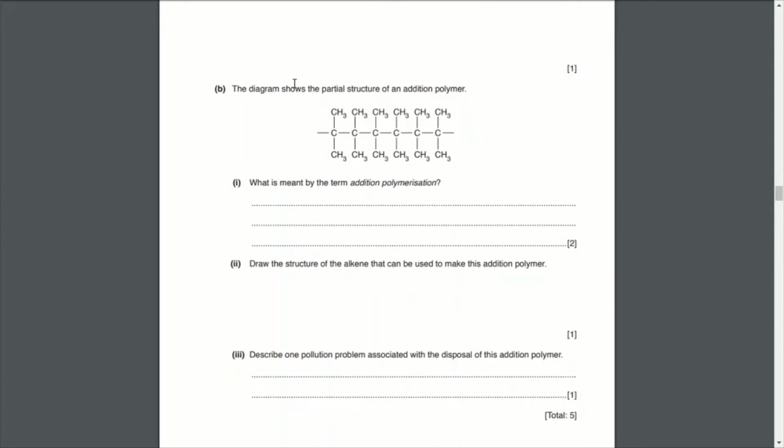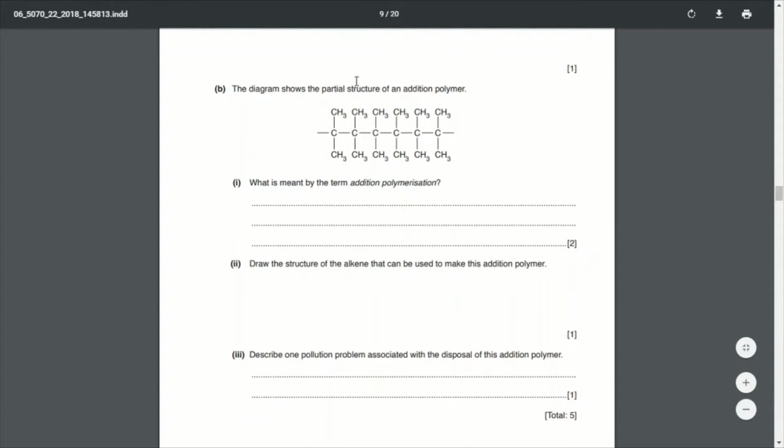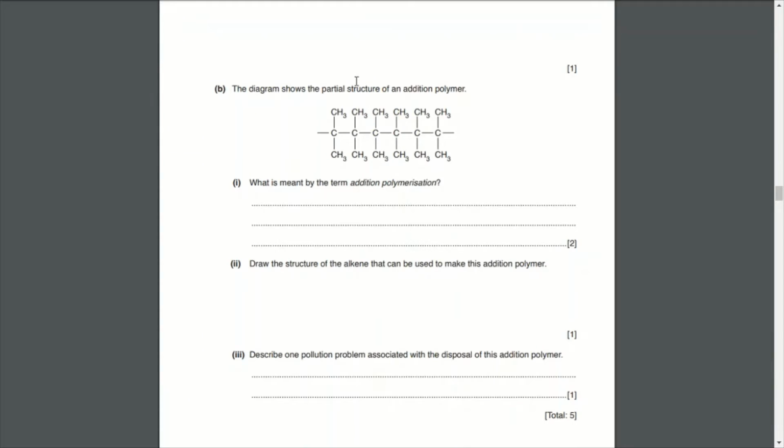Part 2, draw the structure of the alkene that can be used to make this addition polymer. See, there's a trick behind it. It will always work when you're talking about an addition polymer. You have to forget this entire chain and keep only 2 carbons in mind. When you keep these 2 carbons in mind, you have to remember that you have broken up these chains.